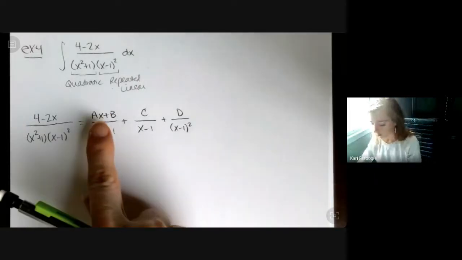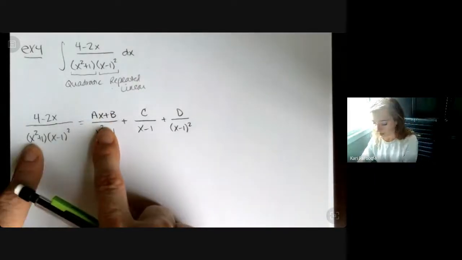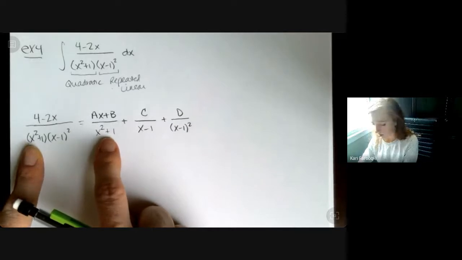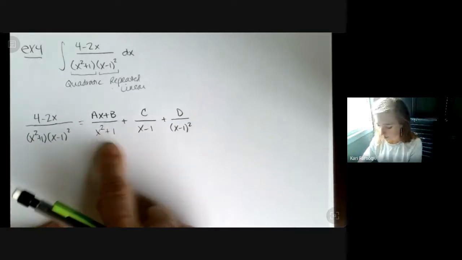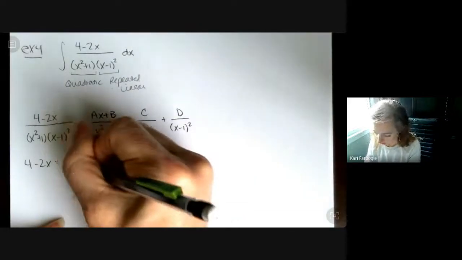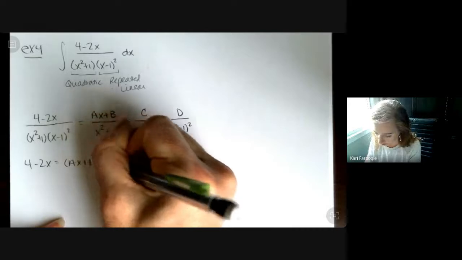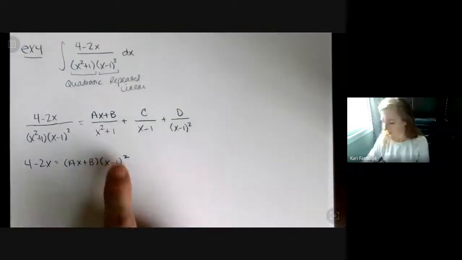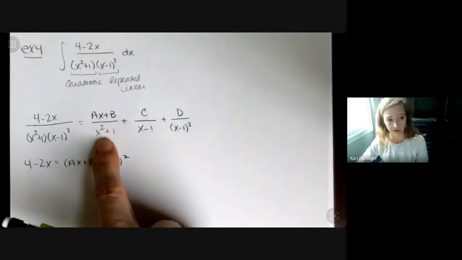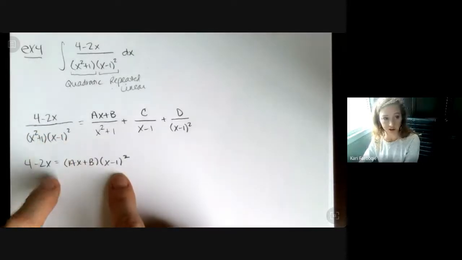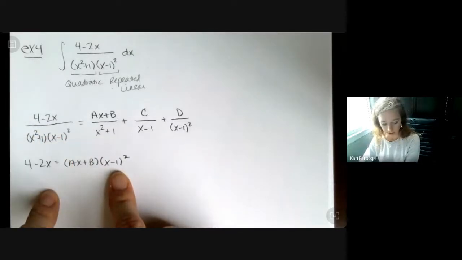If you multiply this first term by your denominator, x squared plus 1 times x minus 1 quantity squared, the x squared plus 1 is going to cancel, and what you're going to be left with is ax plus b times the quantity x minus 1 squared. What students start to recognize here is that whatever they don't have in the denominator, but they do have over here, is what is going to end up getting multiplied by the function.